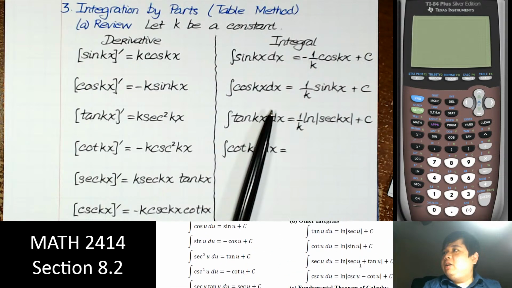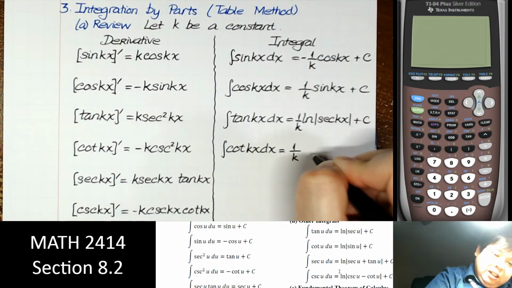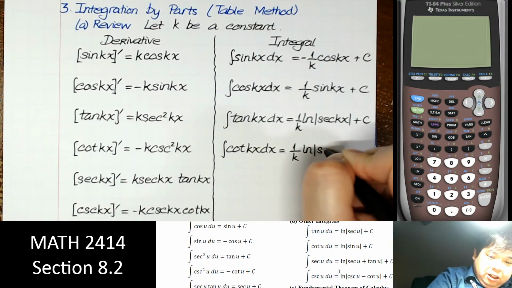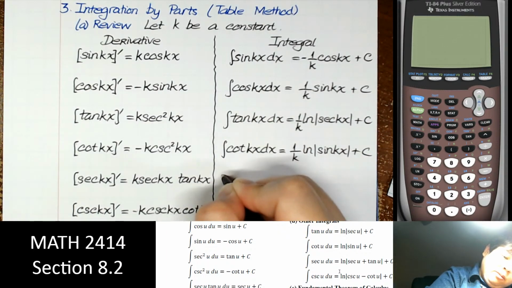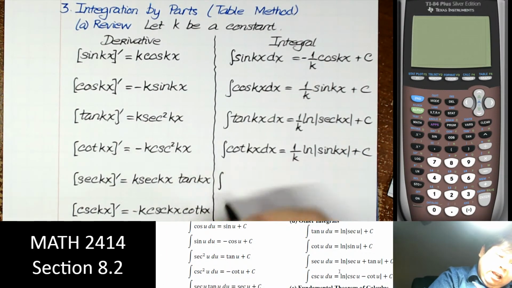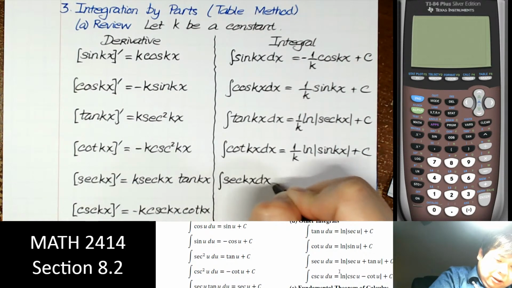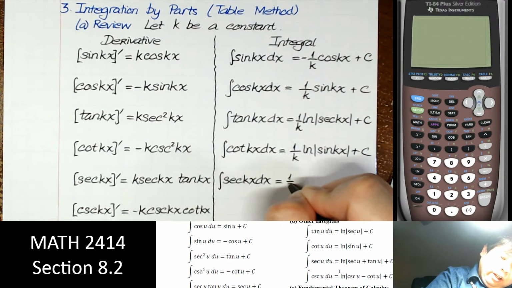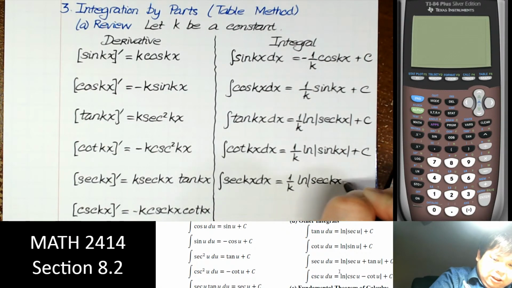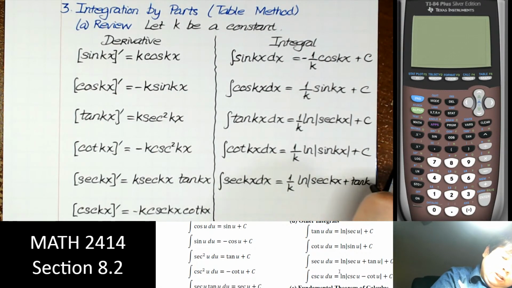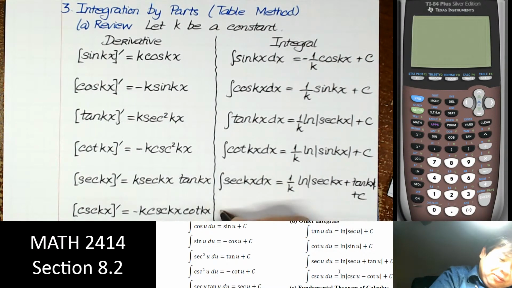Here. That is 1 over k ln of sine kx, and then secant, 1 over k ln of secant plus tangent kx, plus c.